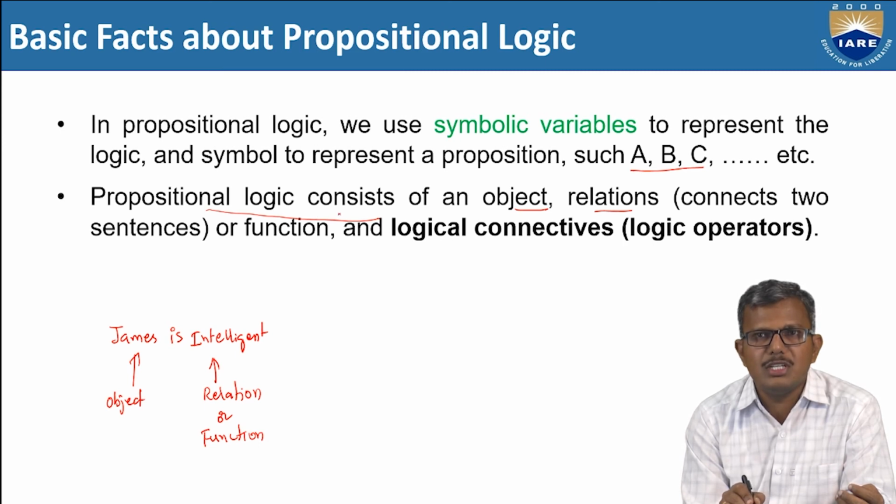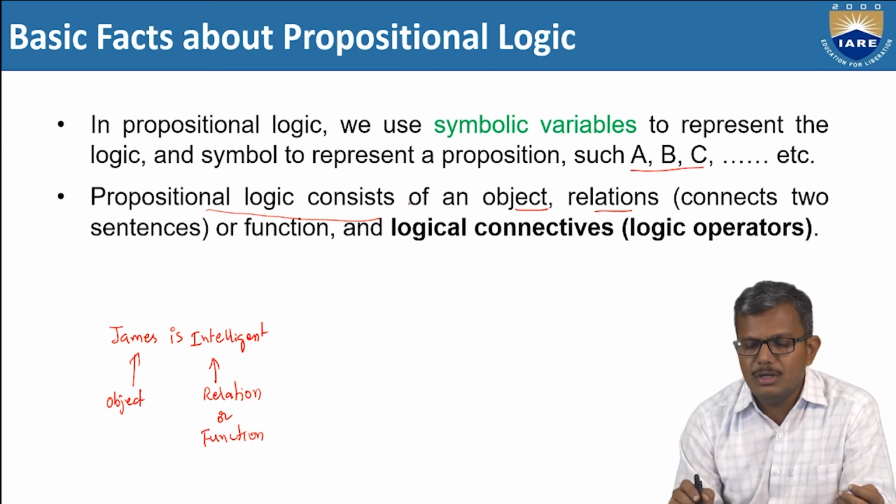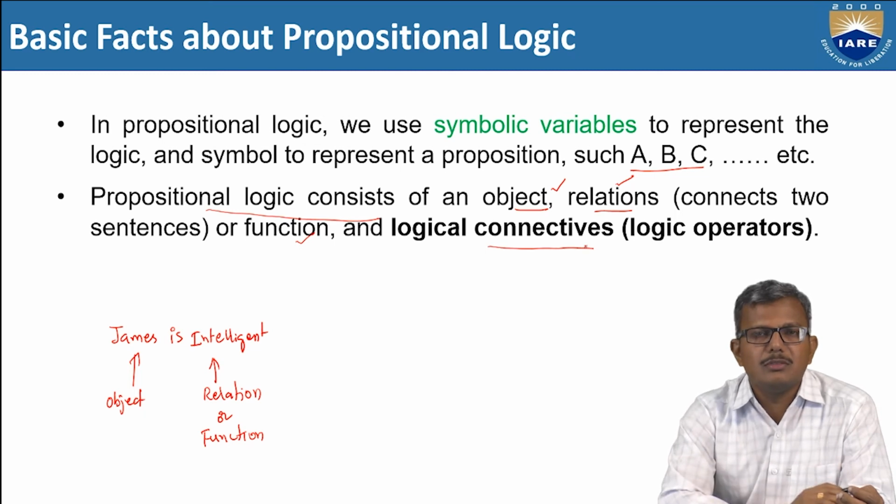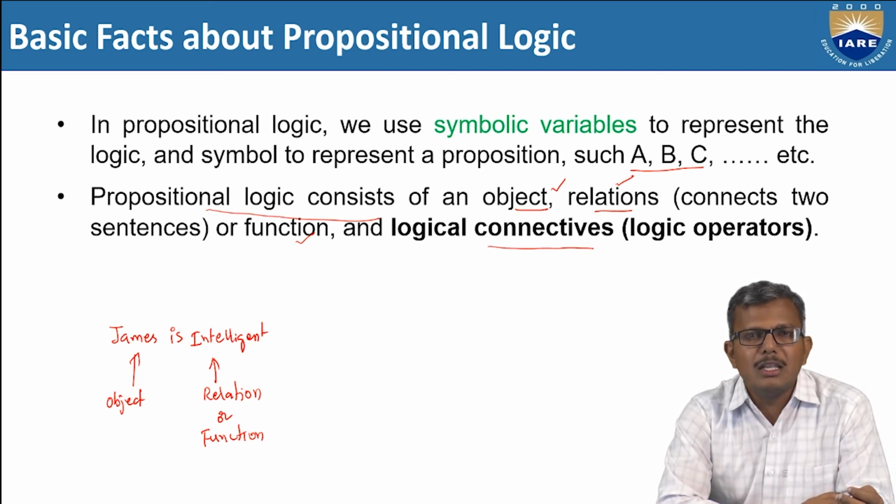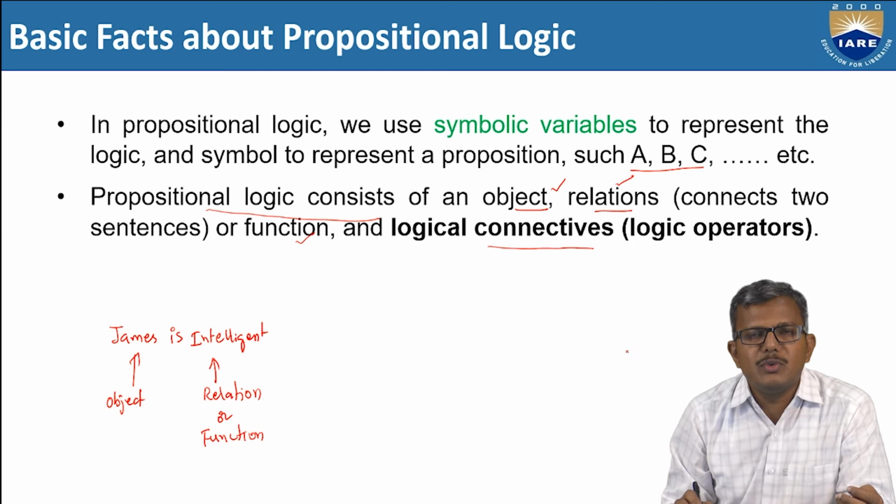So with this explanation, propositional logic is going to consist of some objects, some relations, or otherwise some kind of functions, and also logical connectives. Until and unless we use these logical connectives, we cannot extract new knowledge from the existing one. For these logical connectives, we are going to use some logical operators.